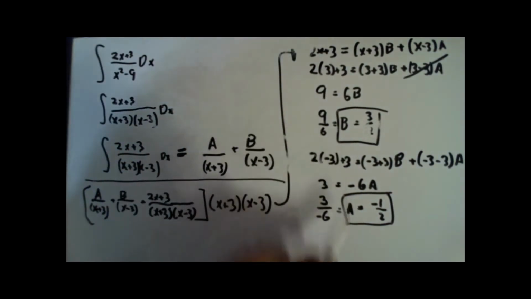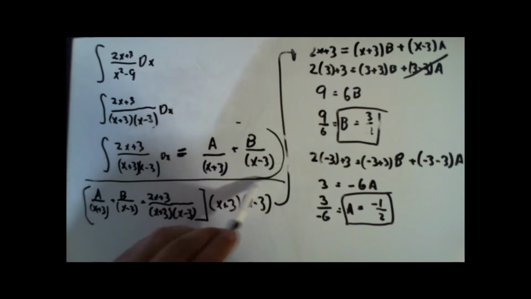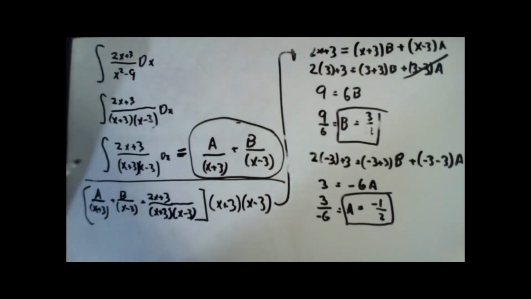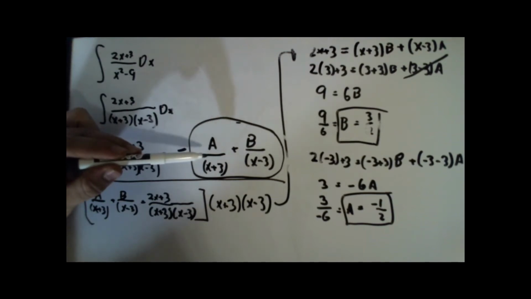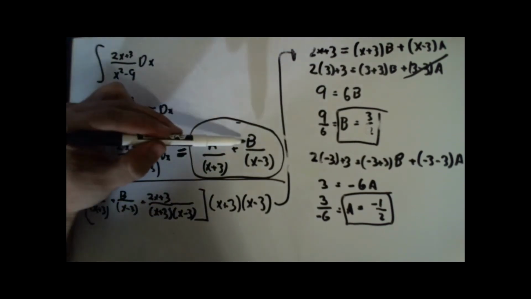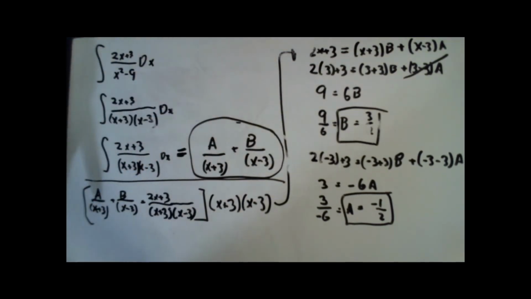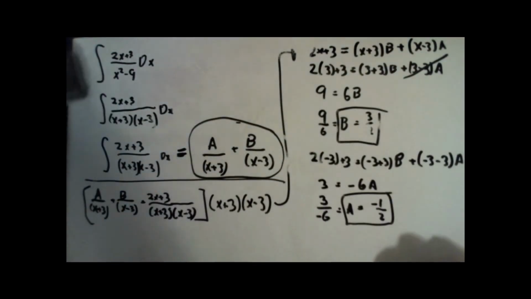So now that we have our values for A and B, we refer back here and we say, well, my original integral equals these values. And now I know what my A is, and now I know what my B is. So I'm going to go ahead and plug that in, and I'm going to make some more room for myself up here.